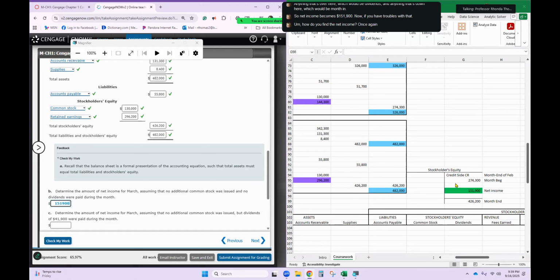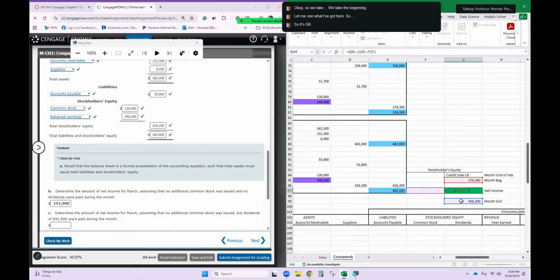Once again, if this is 0 for dividends, right? Take the beginning, we subtract, okay, so we take the beginning. Let me see what I've got here. So it's G99.